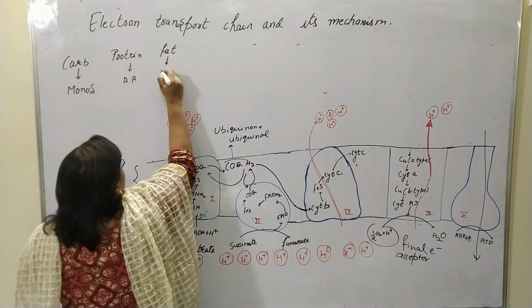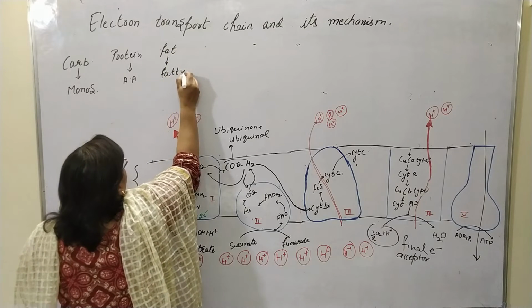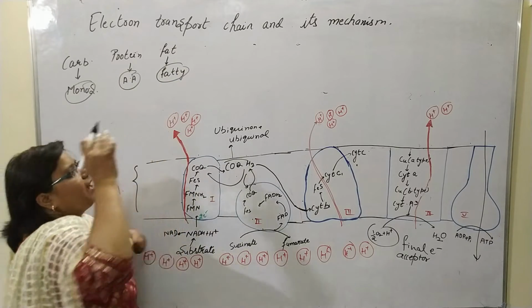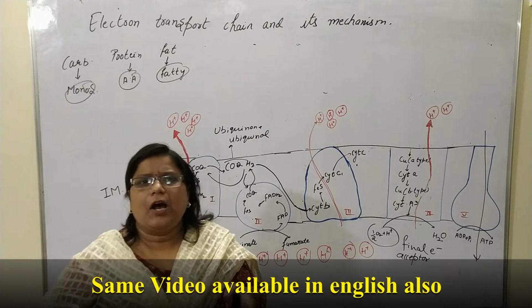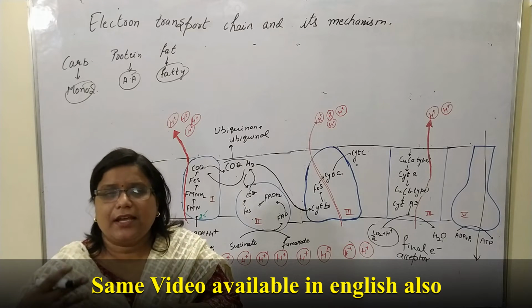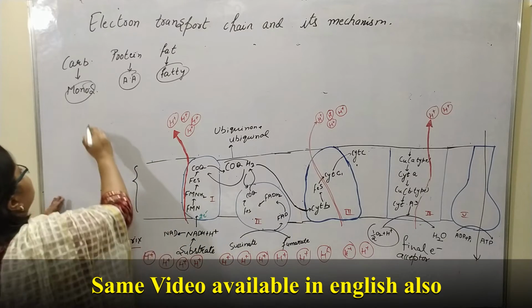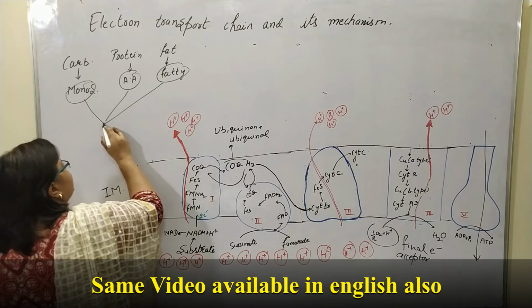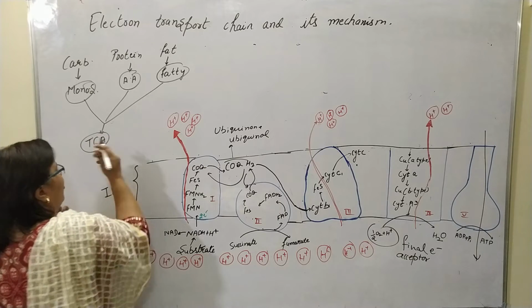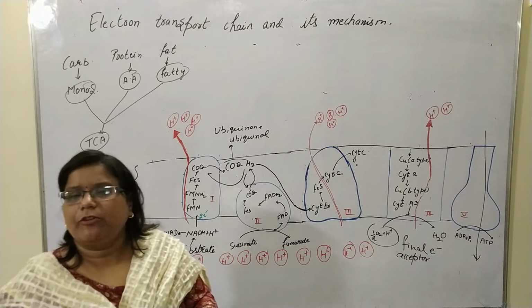All these carbohydrates, proteins, and fats are anyhow mixed with or interact with the TCA cycle, either via conversion to acetyl coenzyme A or by forming an intermediate of the TCA cycle.